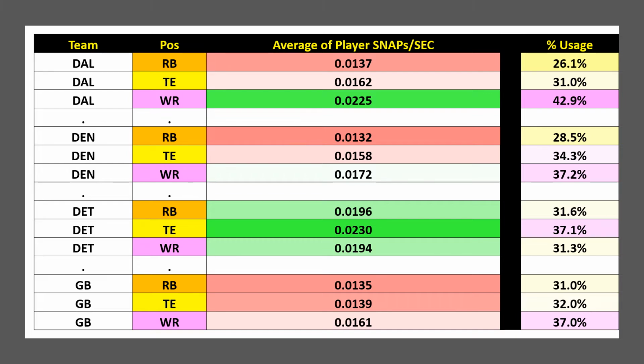Denver looks like the tight end is pretty strong there, Fant. So I do like to see that. Their running backs are okay. It's a little low, and their wide receivers are a little low at 37. Kind of like we saw with Cleveland and Cincinnati, this same kind of pattern there.